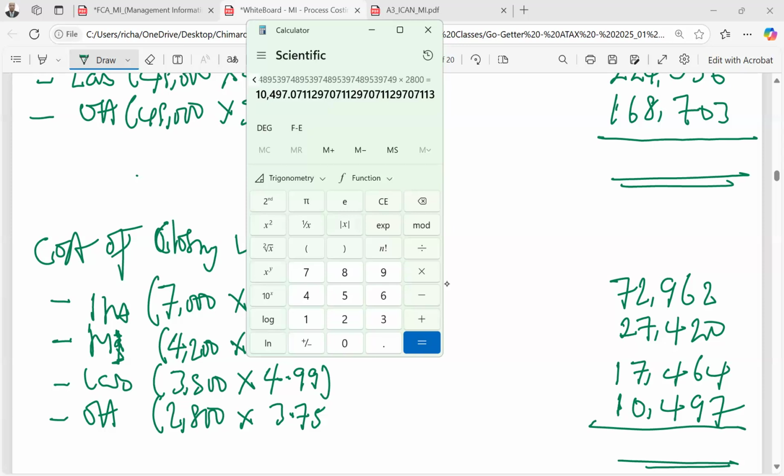Let's start with what we have on our calculator. We have 72,962 plus 27,420 plus 17,464 plus 10,497.